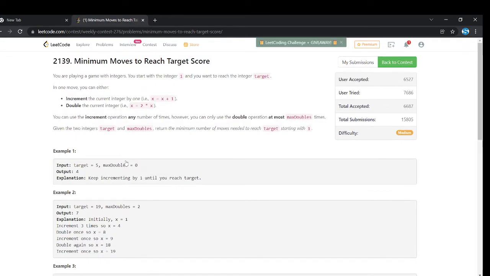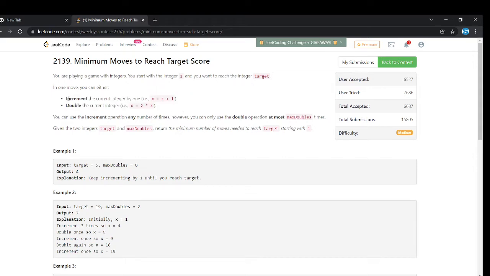Now here, this is the interesting problem. Here what you are given is an integer having a value of 1 initially, and now you want to reach some target value by performing two kinds of operation: increment operation and double operation.